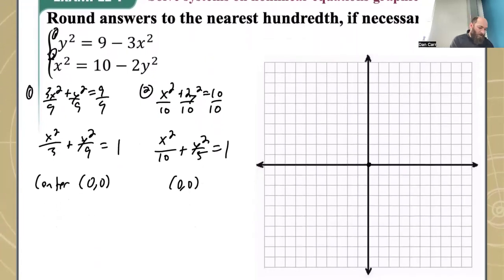Just to help with my graphing purposes, a squared is 9, that means a, if I take the square root of that, is technically plus or minus 3. And in this case, b squared is 3, so I take the square root of that, and I get b is equal to plus or minus root 3. So, quick graph for that one, from my center at 0, 0, my major axis is in the y direction. So I'm going to go up 3 and then down 3.